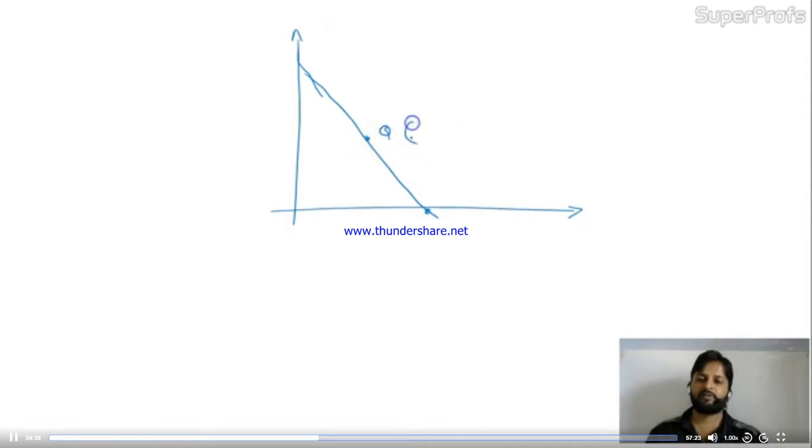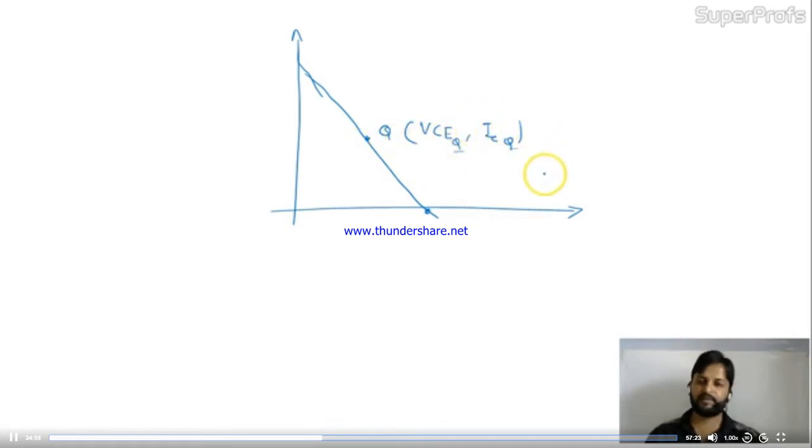We will talk about the particular Q. So this Q is nothing but VCEQ and ICQ. This is the Q point, so that's why we are taking Q and Q. But in general, the Q point is nothing but the relation between VCE and IC.